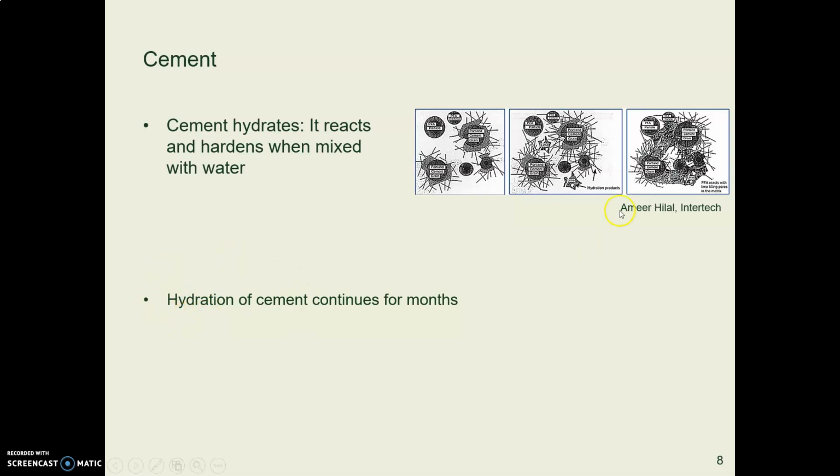So hydration is the chemical process that occurs when you mix this limestone stuff with water. And in this chemical reaction, it gets hard. And hydration continues for months and months, which is why concrete continues to get harder and harder as time goes by.